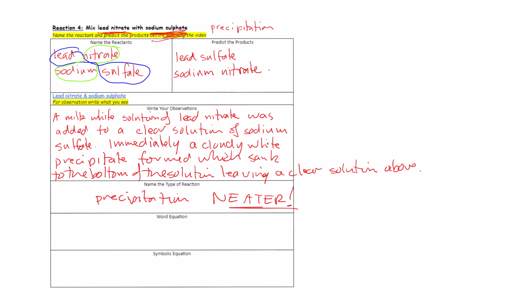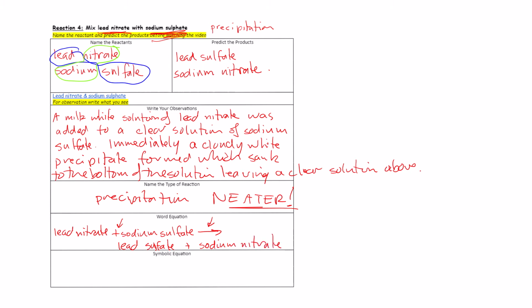So a word equation: lead nitrate plus sodium sulfate, and again remember we use a plus sign there and an arrow there, forms lead sulfate precipitate plus sodium nitrate.